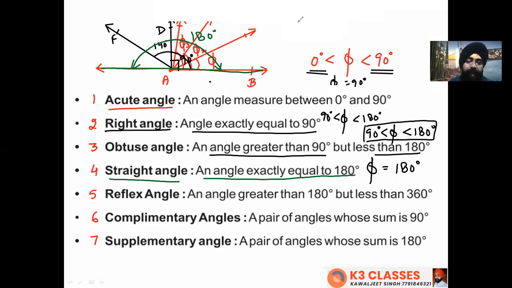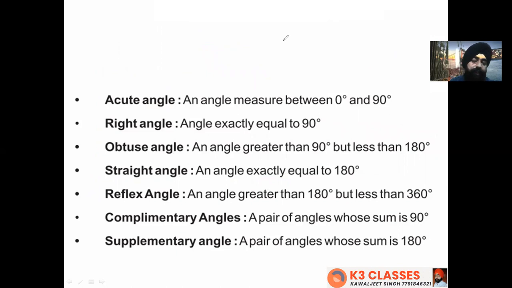Now if the angle exceeds 180 degree but is less than 360 degree, that means an angle which is greater than 180 but less than 360 degree is called a reflex angle. Let us see how the reflex angle looks.